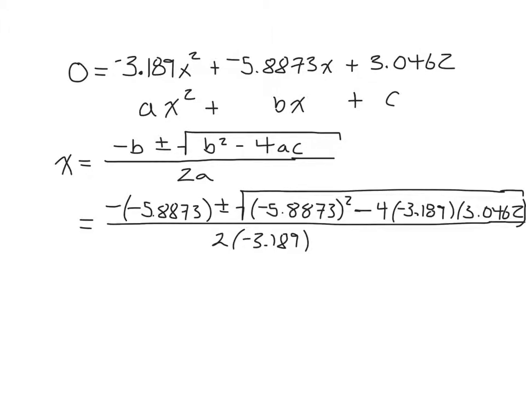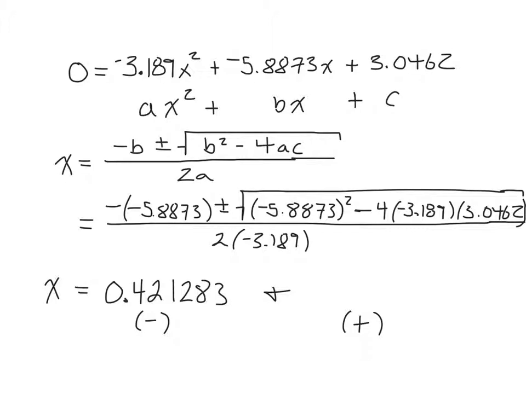When you solve the quadratic formula for this problem, you'll get two roots. The first root is where you subtract the terms in the numerator and you get 0.421283. The second root is when you add the terms in the numerator, and there you will get negative 2.26741.